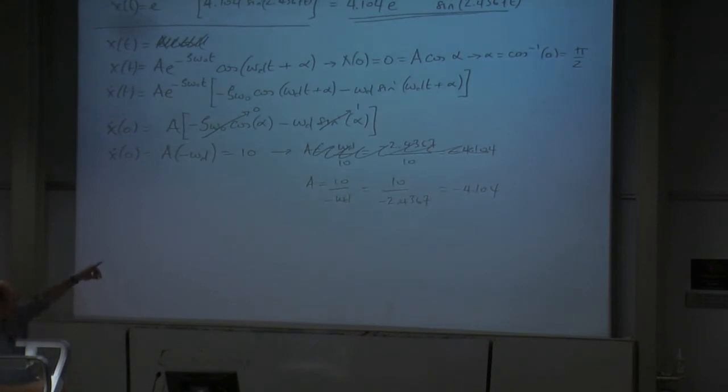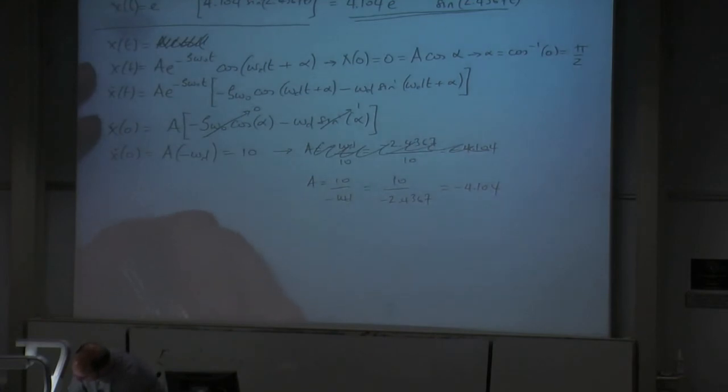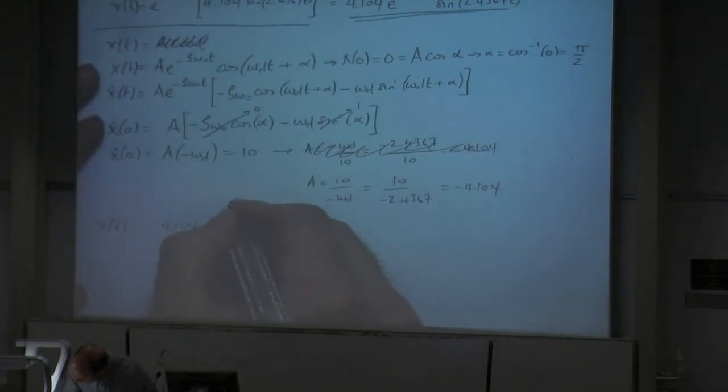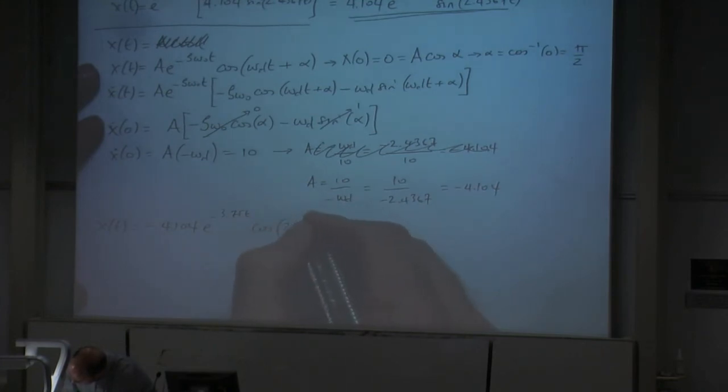So now we know A and alpha, we can plug that into our equation. X of t equals minus 4.104 e to the minus, and then we can use these values up here. We end up with 3.75 t cosine 2.4367 t plus pi upon 2.